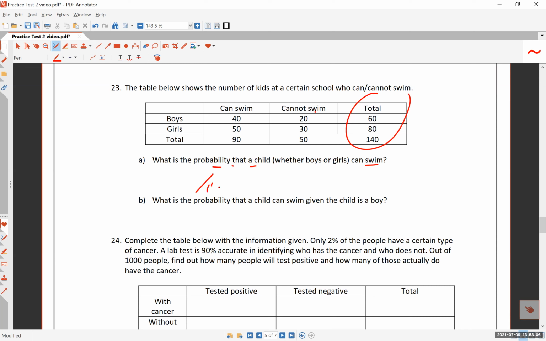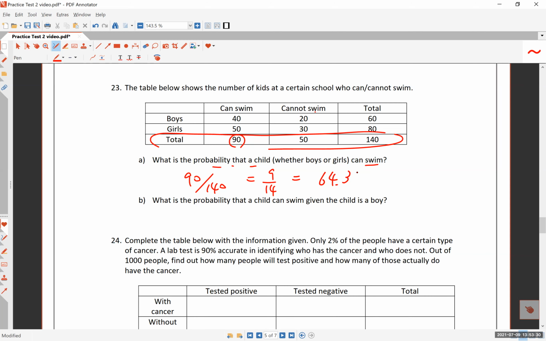You have 140 students, and out of them, how many of them can swim? I'm sorry, I shouldn't be looking at the last column. I should be looking at the last row, because this is can swim. 90 total children out of 140 can swim. So the answer is 9/14. If you want to calculate the percentage, you can do so.